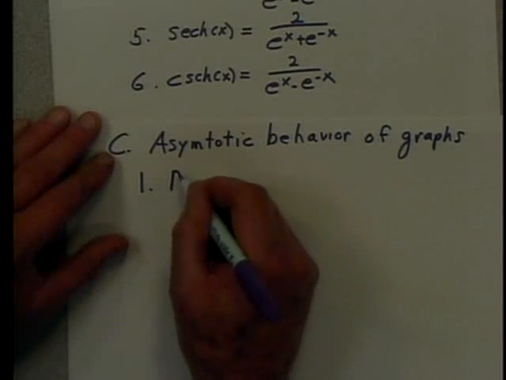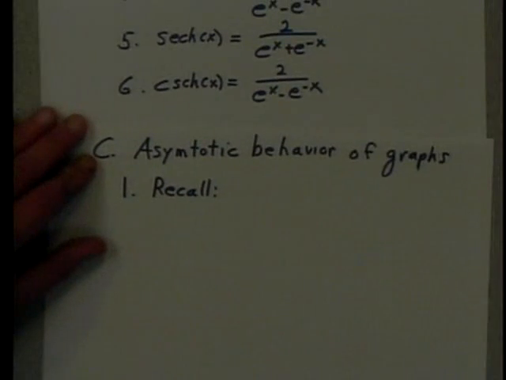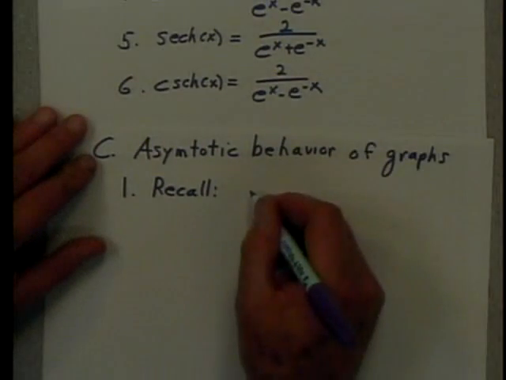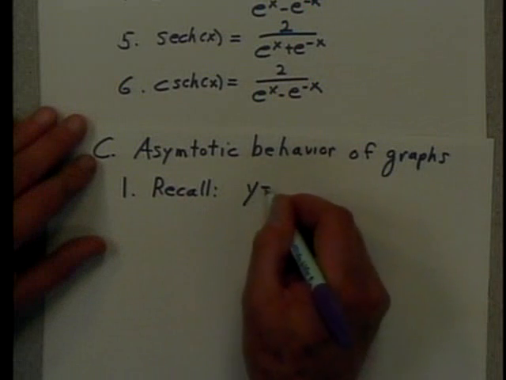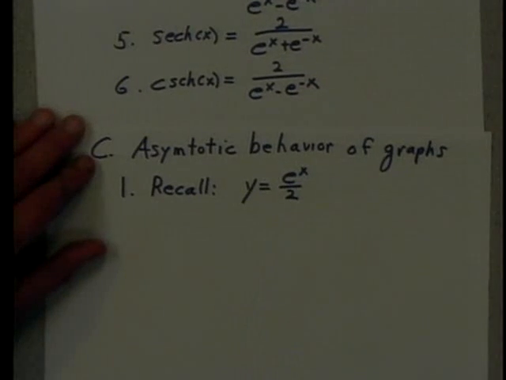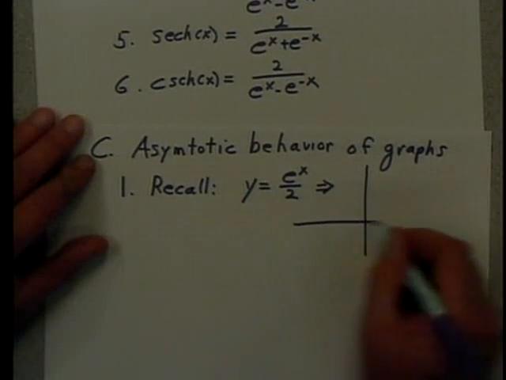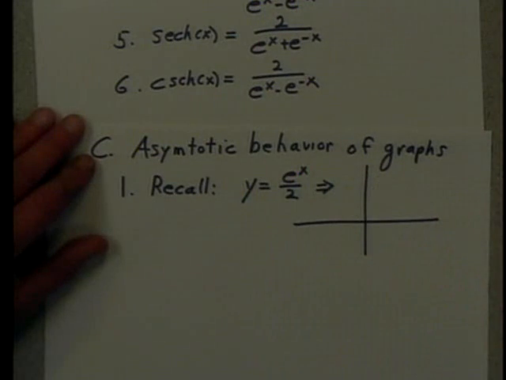But first of all, I have to do my Toyota trick and ask if you can recall what this graph looks like. E to the x divided by 2, also known as 1/2 e to the x.